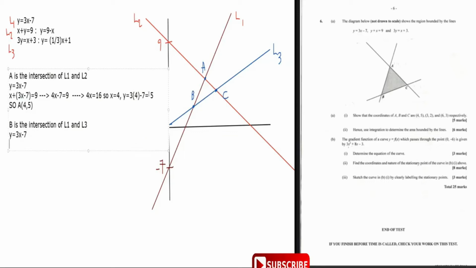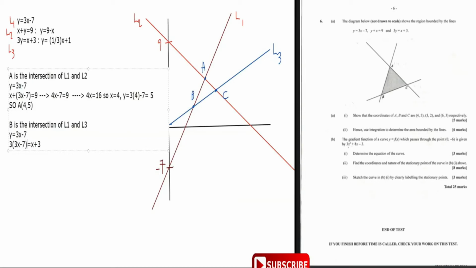And L3 is the equation 3y is equal to x plus 3. And then remember, y is 3x minus 7, so substitute it here.